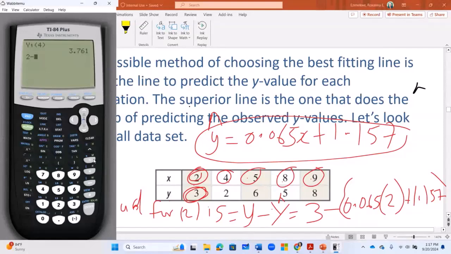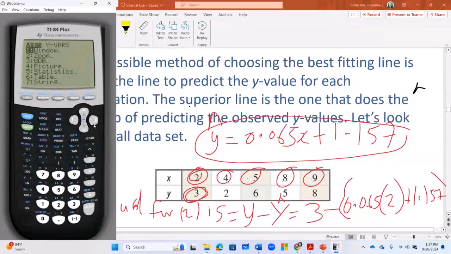Okay, well, let me do it again. I want to do it over. Function y1, and I'm going to substitute 4 there, close parenthesis. If I hit enter, I'll do that again.